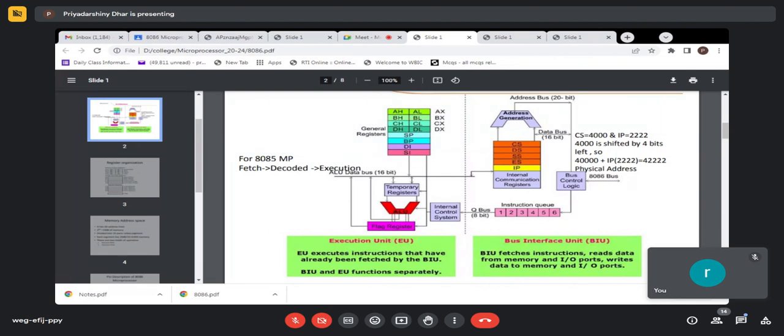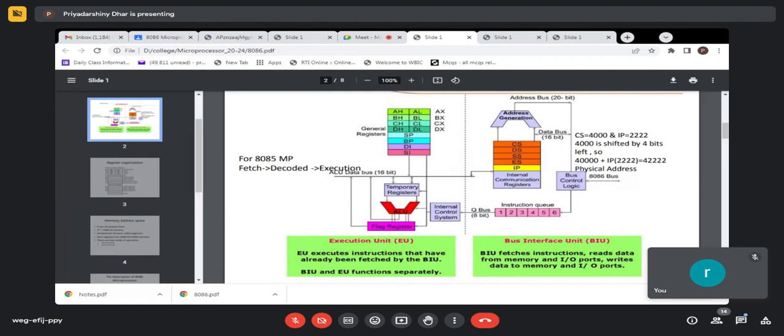When one byte is transferred from one memory location to another, C is decremented by 1. This loop continues until C equals 0. So C is basically the counter. When the content of the CX register becomes 0, such an instruction terminates our execution. So C indicates the counter register.